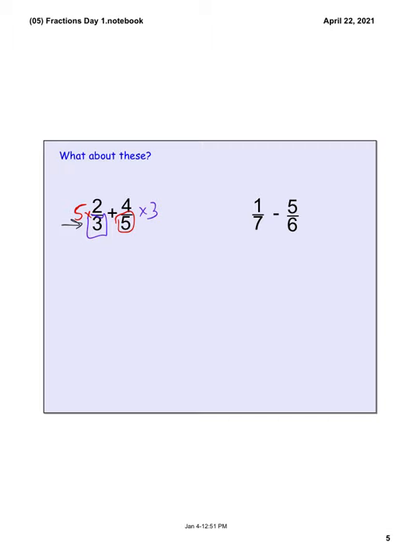So when I multiply by 5 here, I should note I'm actually multiplying by 5 over 5 and by 3 over 3. Because when we multiply by 5 over 5 or 3 over 3, that just means we're multiplying by 1. So we aren't changing the value because anything multiplied by 1 is still that anything that it started as.